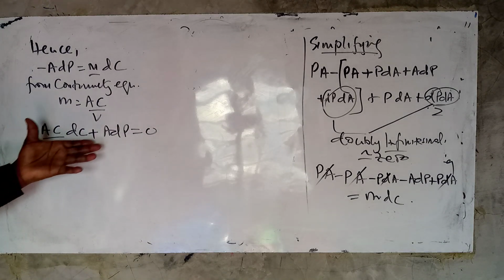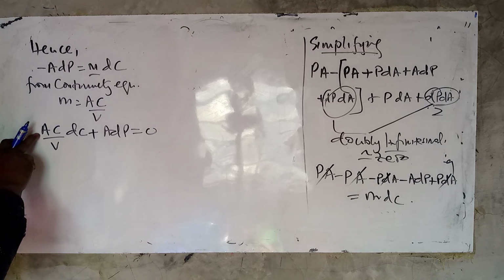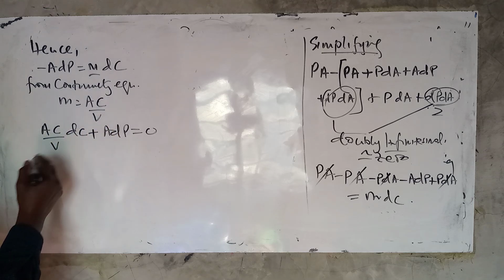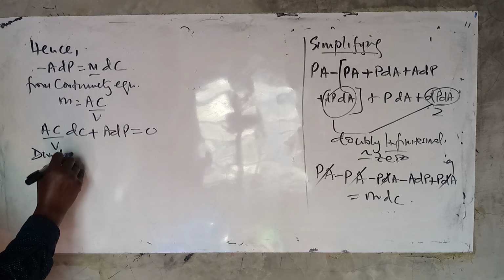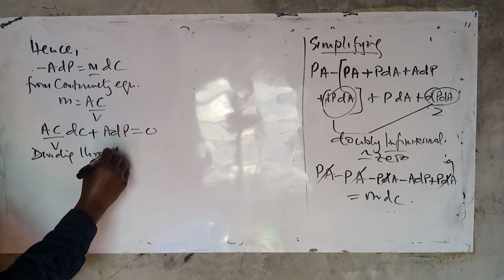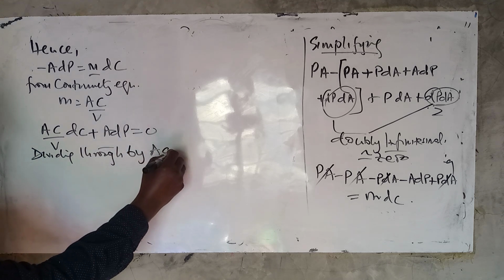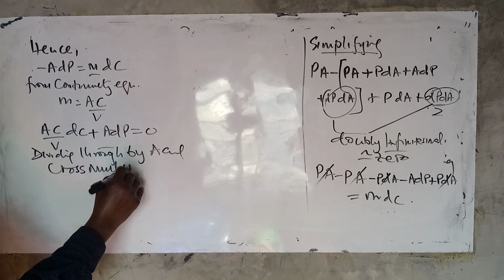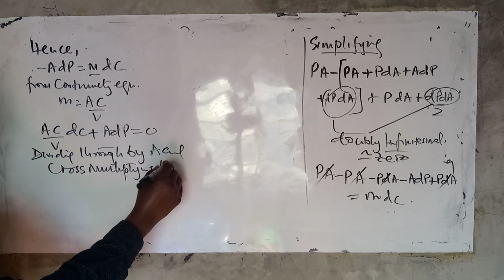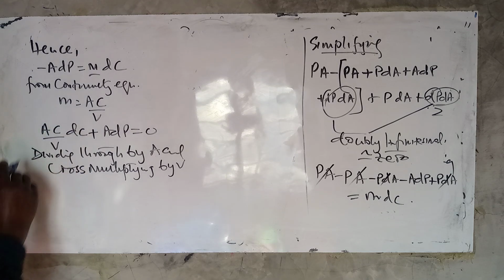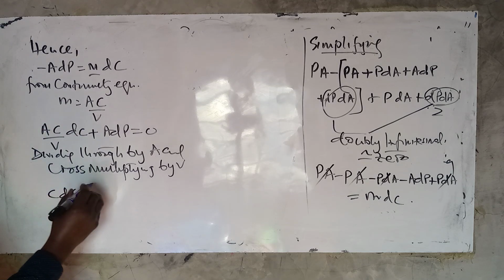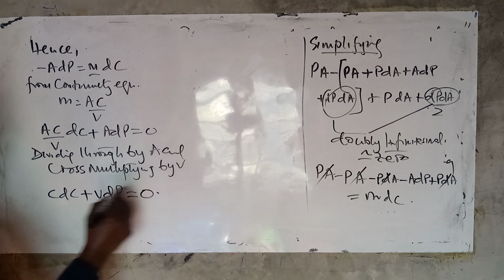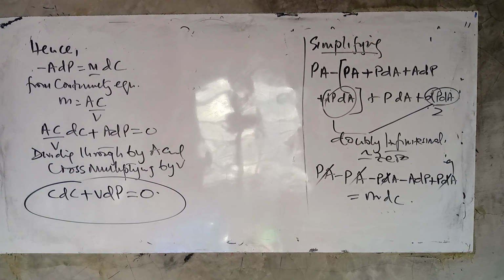And so we can further simplify this. We can cancel out the A's, dividing throughout by A and cross multiplying by V, we will have CdC plus VdP is equal to 0. Very important equation.